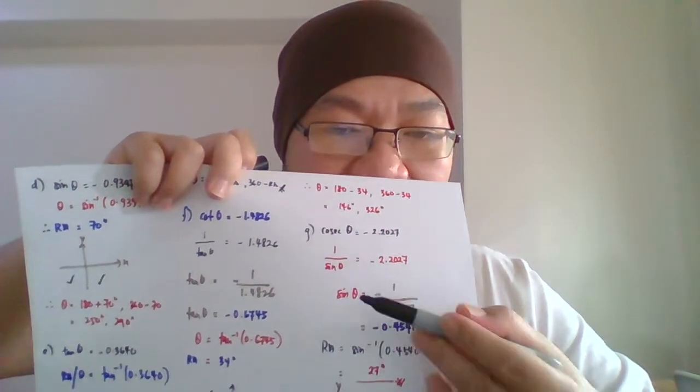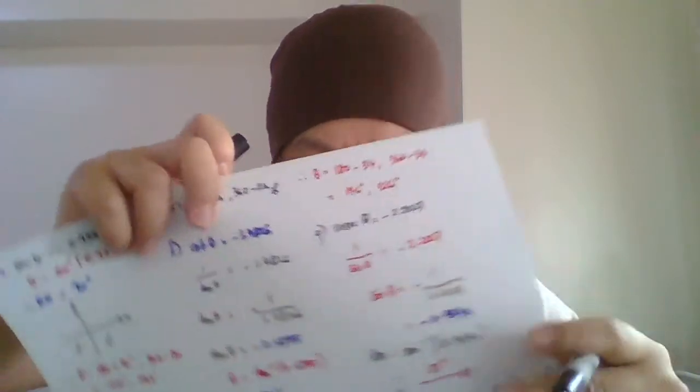Negative value for sine will be the third and fourth quadrant as usual. Third and fourth. Therefore, theta equals, for the third quadrant, 180 plus 27.7.